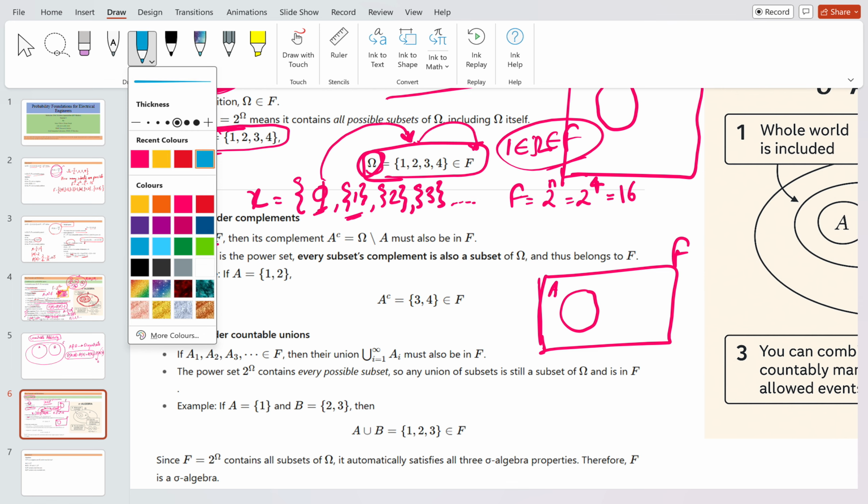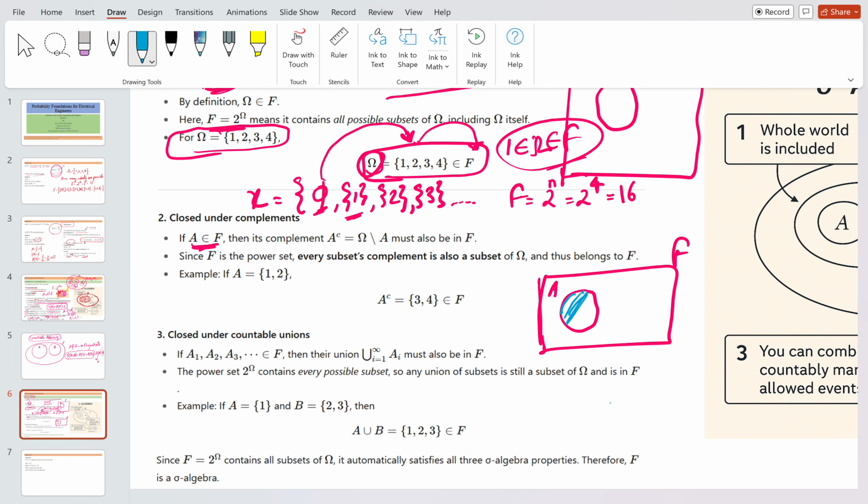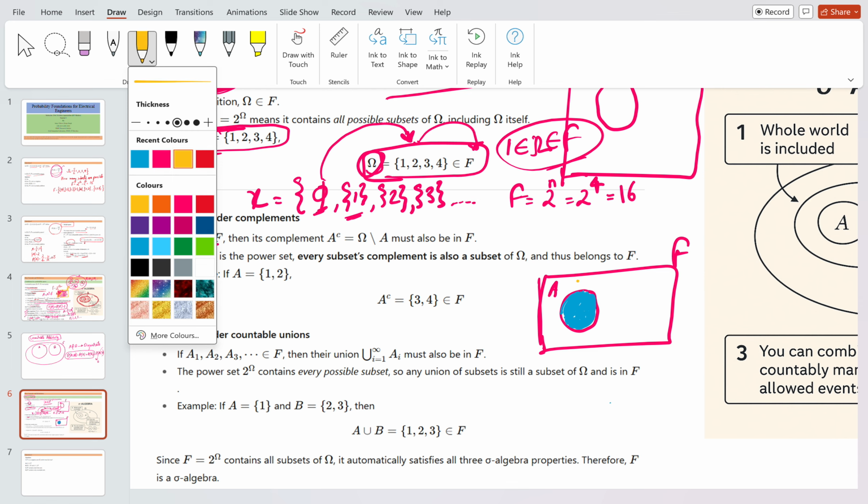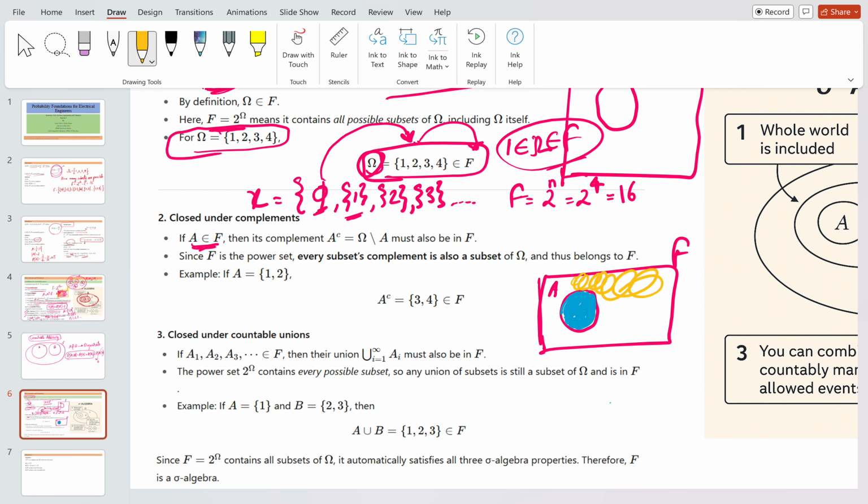Suppose there is one space where only A is there. So this is A. What will be the A complement here? A complement will be this much space. So it means that A belongs to F, and A complement also belongs to F.